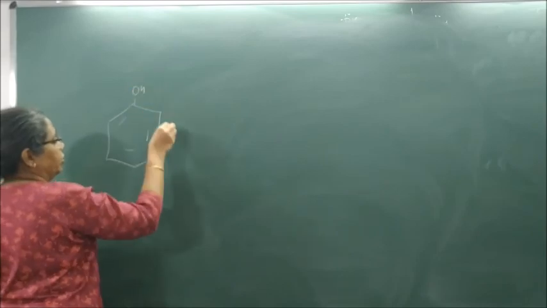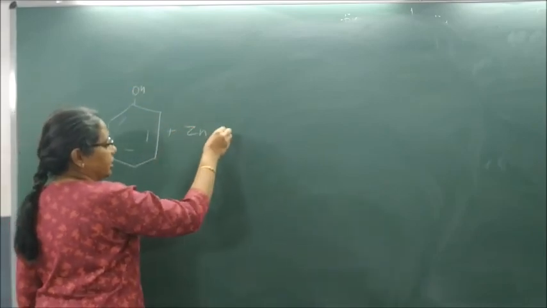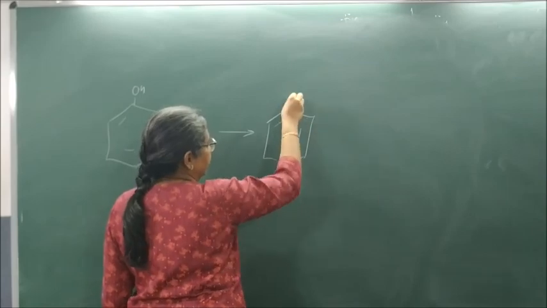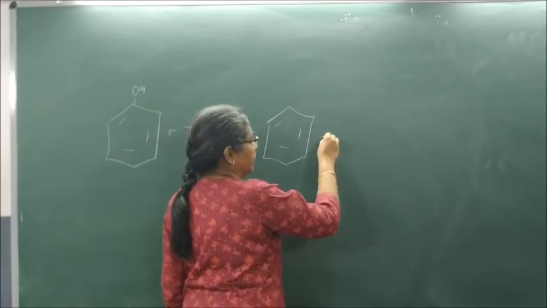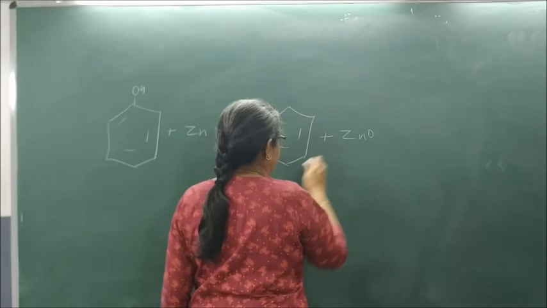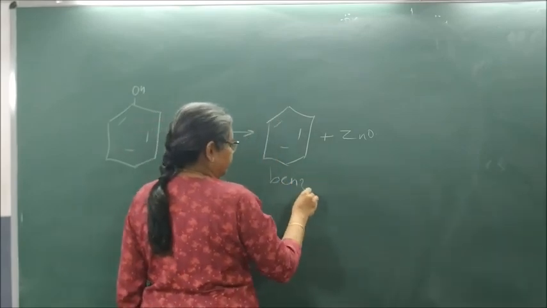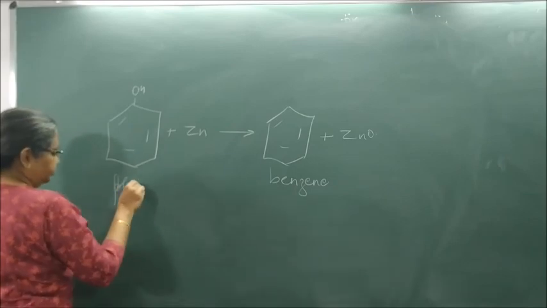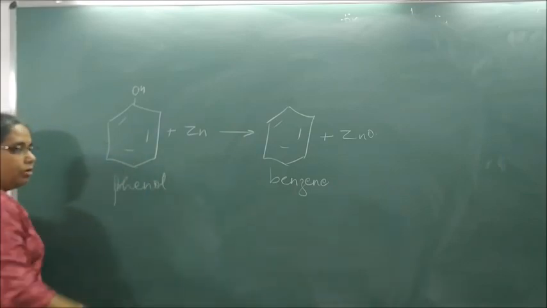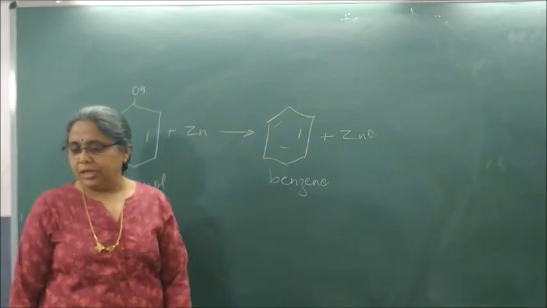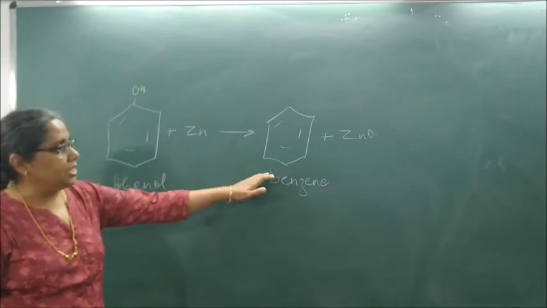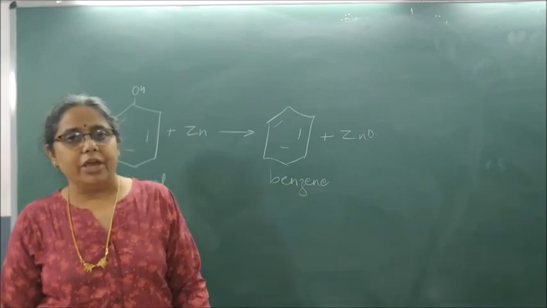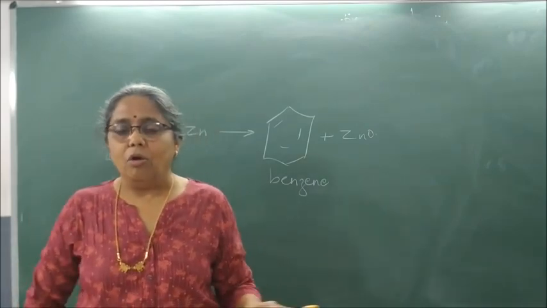You have phenol, it reacts with zinc dust to form benzene. This is a very important reaction because it gives what? Parent hydrocarbon, benzene. And this is what? Phenol. Phenol on treatment with zinc dust gives you what? Benzene and zinc oxide.